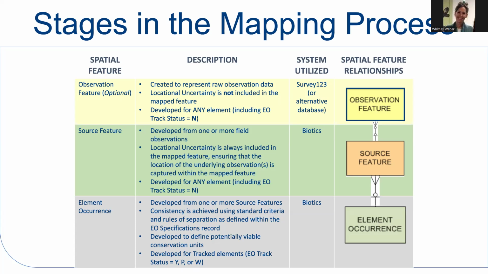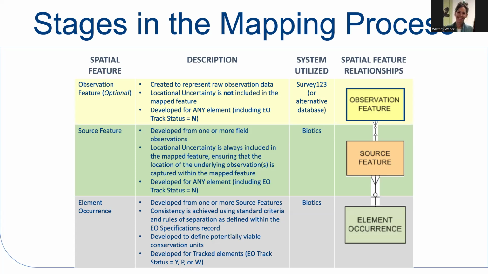Note that locational uncertainty is not included in the mapped feature. That information is collected as tabular data, such as precision, but it is not included in the mapped feature. And an observation can be developed for any element, whether it's a tracked species or not.